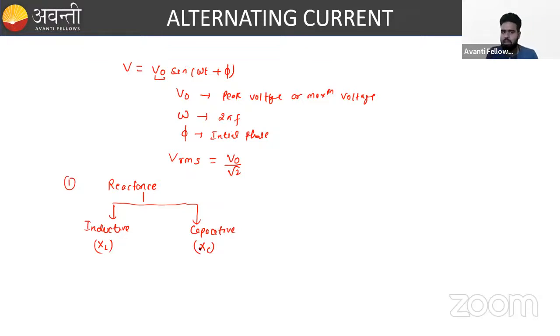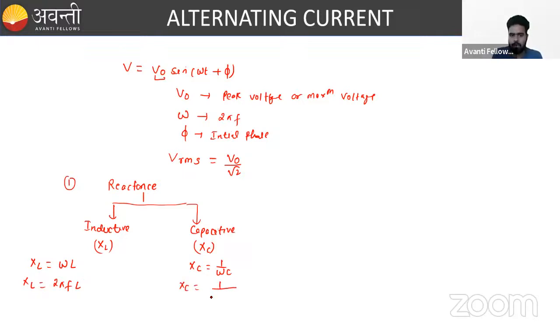We are already aware of resistance, which is represented by R. Inductive reactance XL is always written as omega L and XC is always written as 1 upon omega C. Omega is written as 2 pi f, where f is the linear frequency and L is the inductance of the circuit, C is the capacitance of the circuit.